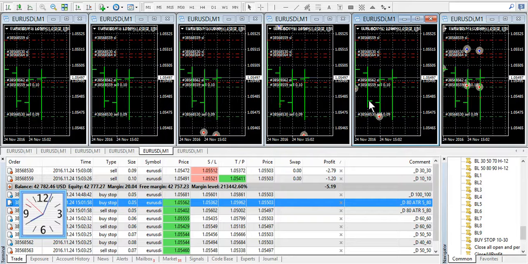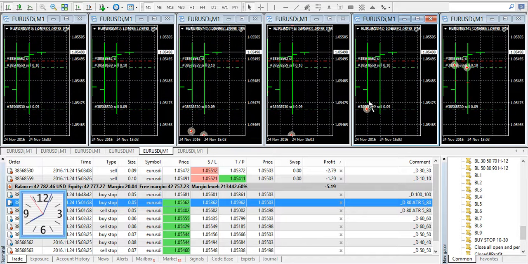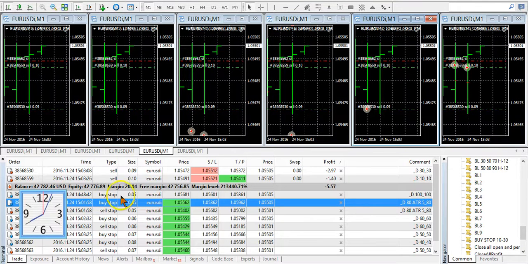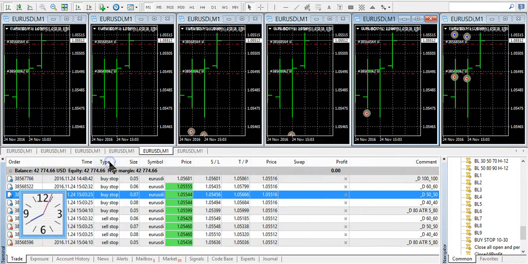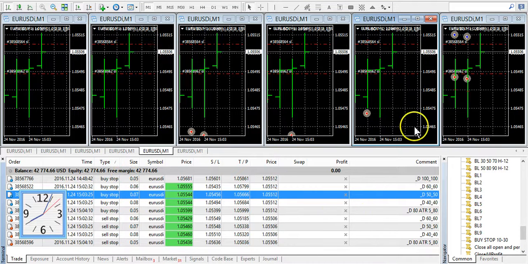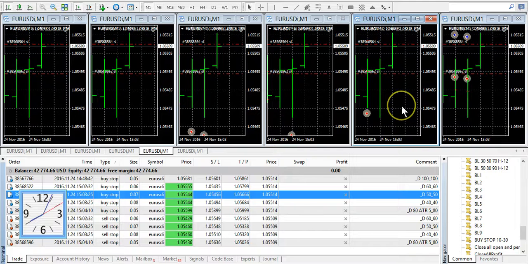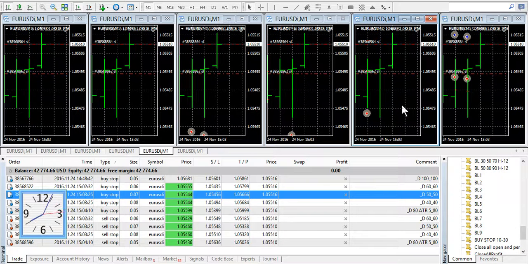So you're already in the trade. And I don't know how many buy stops I got stacking up to go the other way, though. I guess that's the right amount. See, I wouldn't go on that. Now I can see that we're going up.